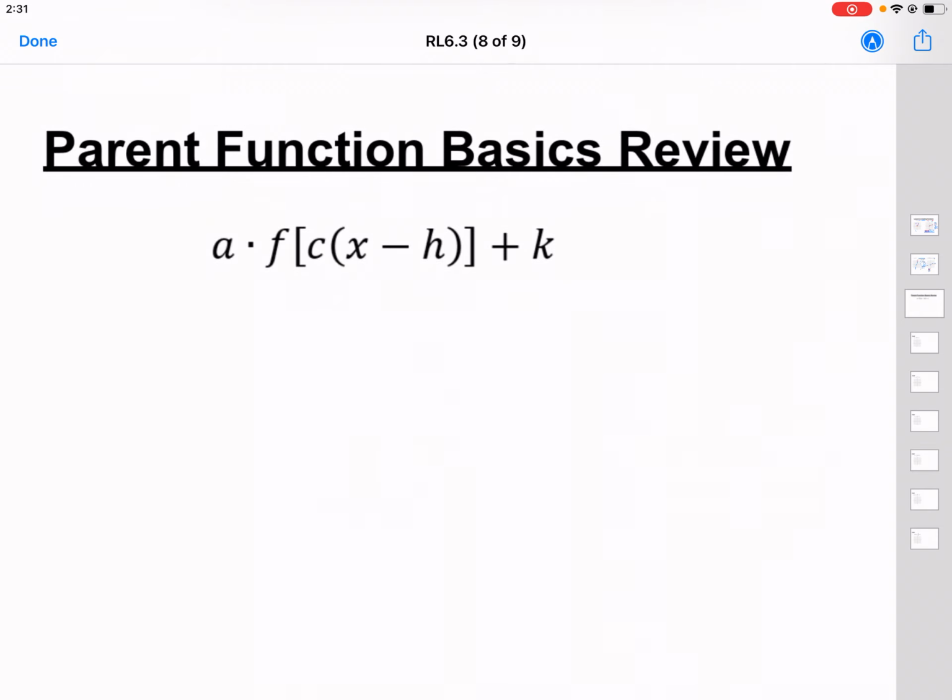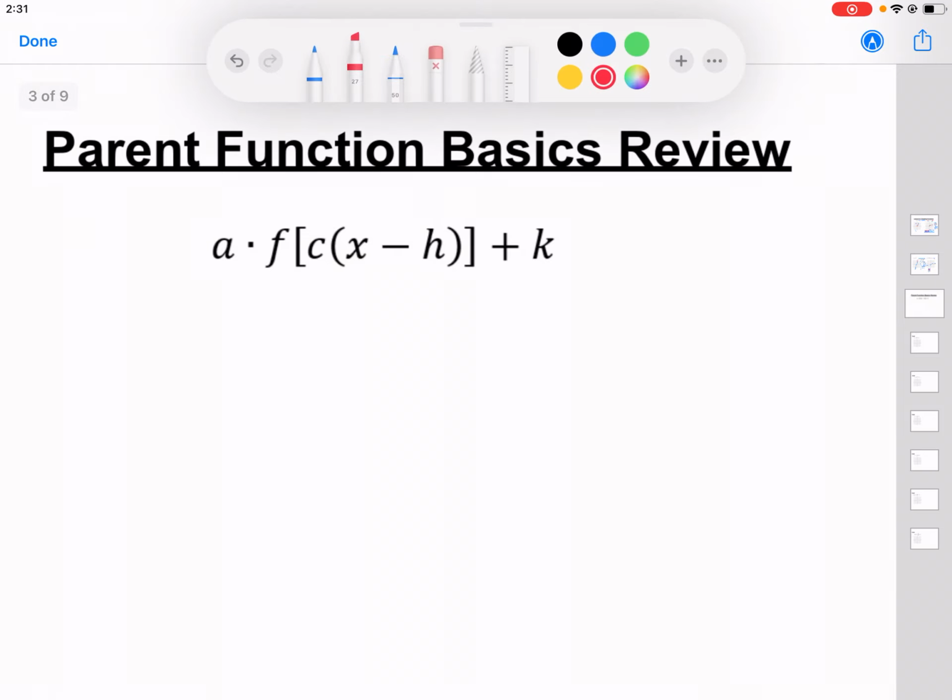So last little piece of introduction, and then in the next videos I'll show examples, is I'm going to just review what each piece does, especially if you are a key point person. As a reminder, I'm going to start on the right side. The plus k moves the graph up or down, and you'll move it up if you see a plus sign, you'll move it down if you see a negative sign.